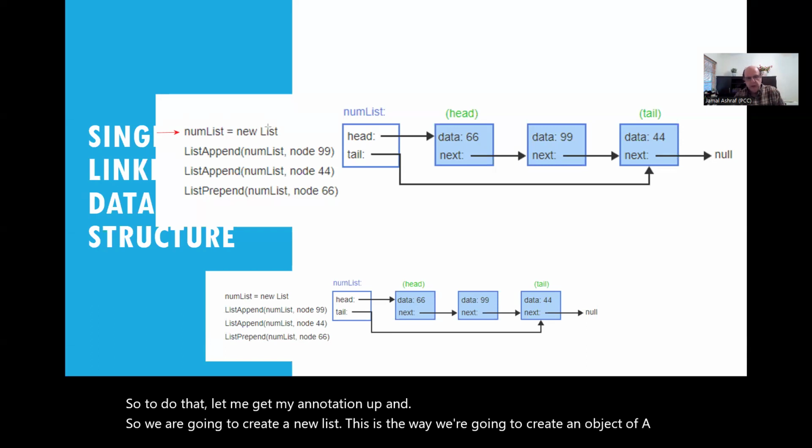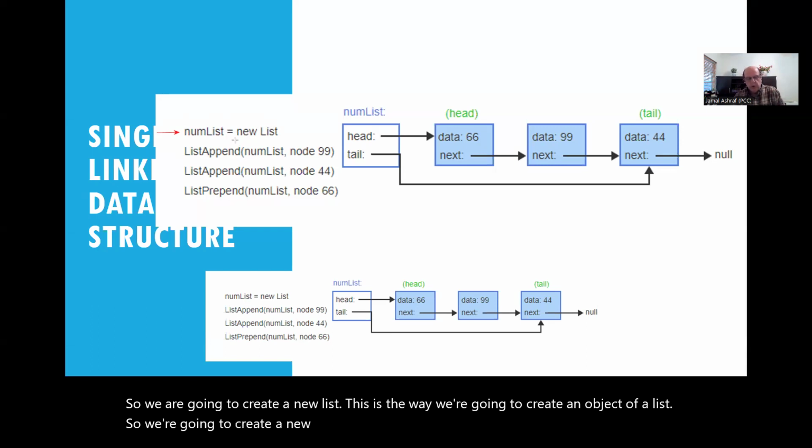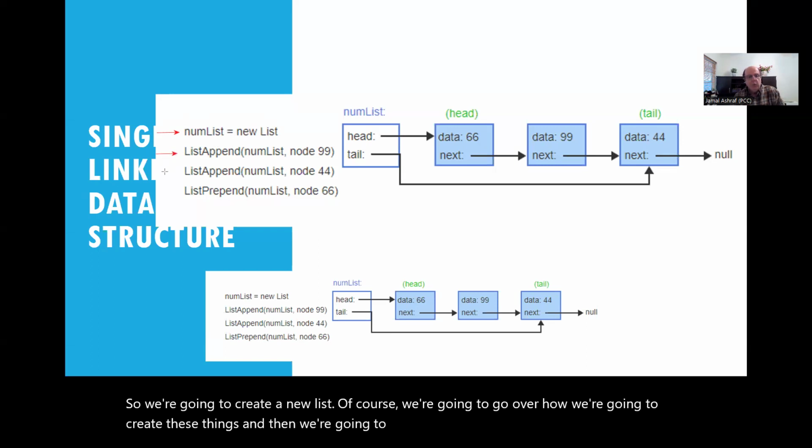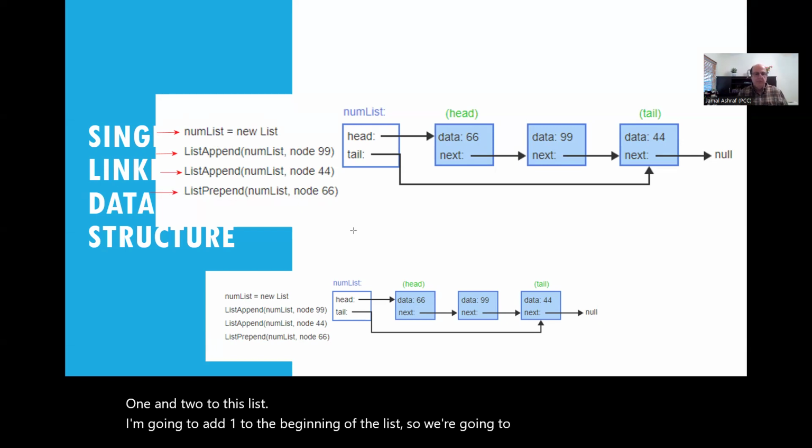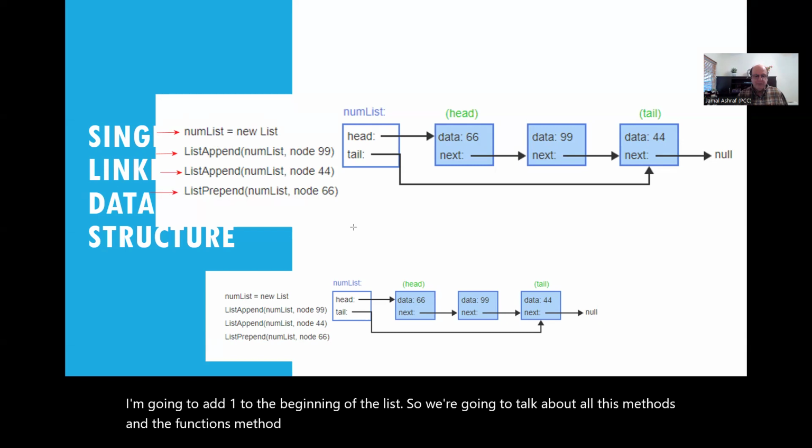Of course, we're going to go over how we create these things. And then we're going to add 1 and 2 to this list, and we're going to add 1 to the beginning of the list. We're going to talk about all these methods and functions, method or function, depending on what language you're coming from. And that's what we're doing here.